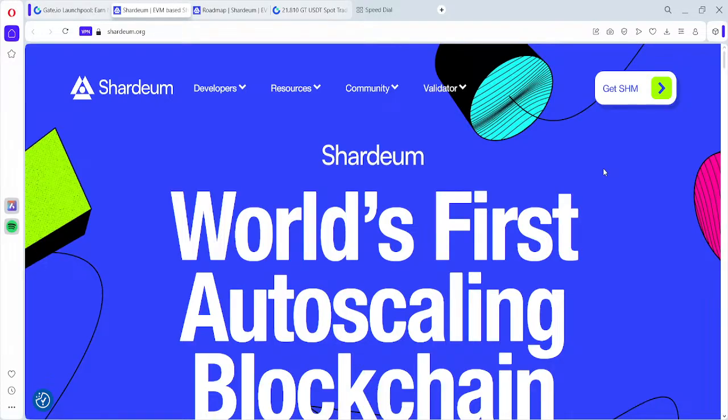Okay. So what is SHARDEUM? This is a scalable, secure, and efficient blockchain platform that enables developers to build and deploy decentralized applications, which will make you dive into their network.